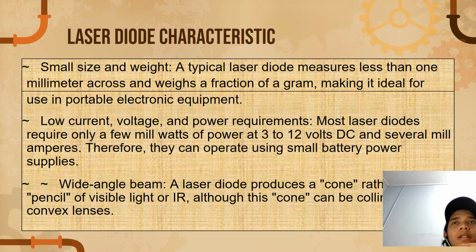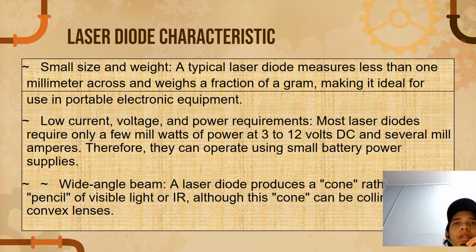Laser diode characteristics. Small size and weight. A typical laser diode measures less than 1 mm across and weighs a fraction of a gram, making it ideal for use in portable electronic equipment. Second one is low current, voltage and power requirements. Most laser diodes require only a few mW of power at 3 to 12 volts DC and several milliamperes.